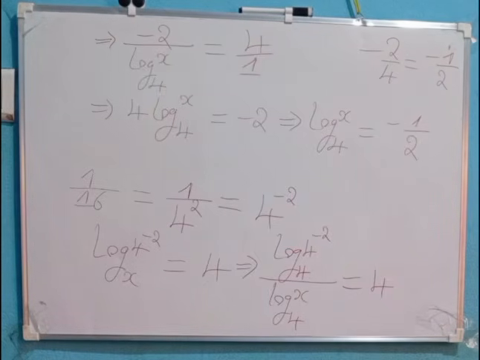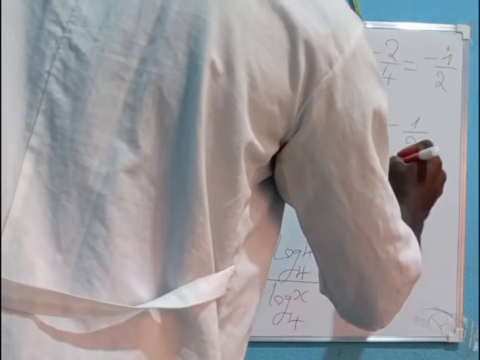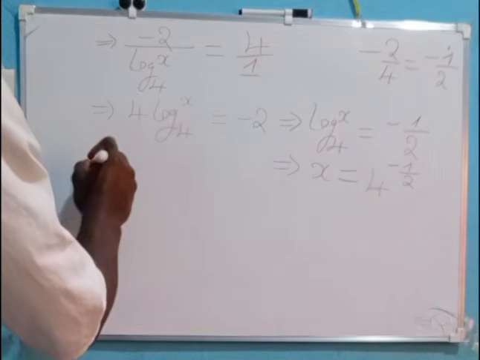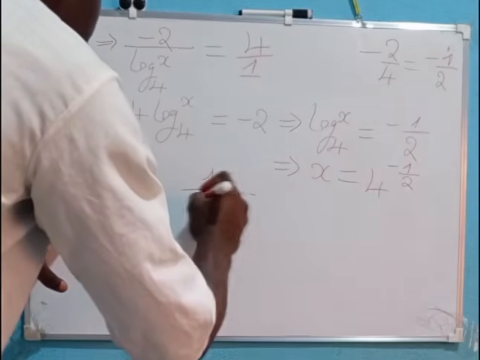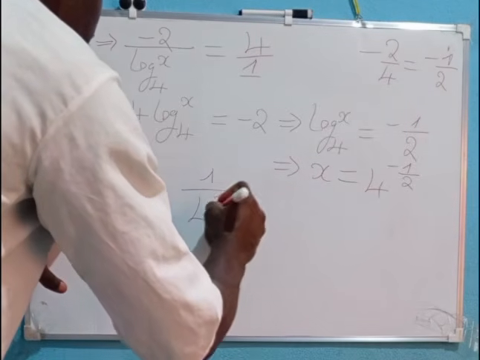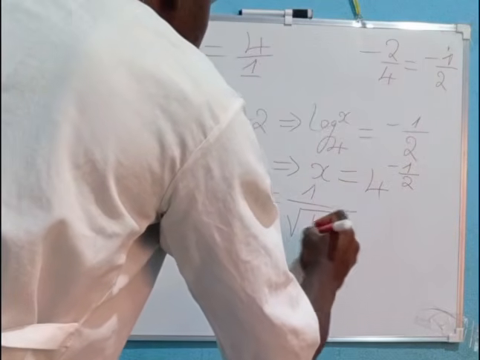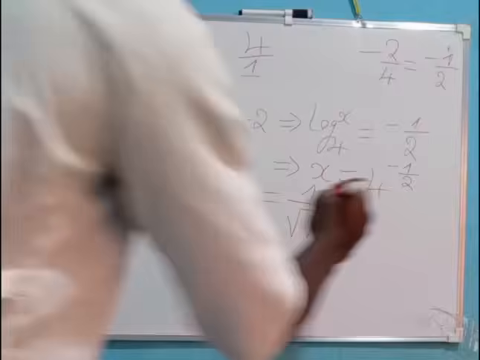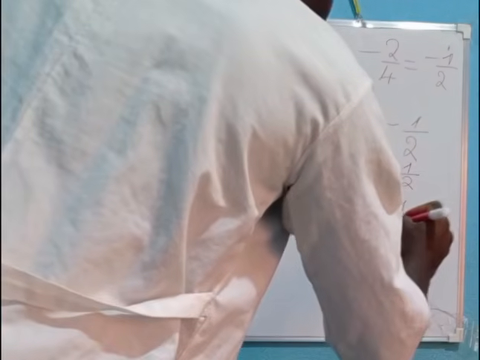Next step, we are going to change from logarithmic form to index form. Then x will simply be equal to 4 raised to the power negative a half. 4 raised to the power negative a half is simply equal to 1 all over 4 raised to the power a half, which is simply equal to 1 over the square root of 4, which is equal to 1 over 2.